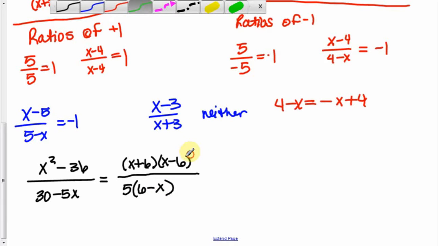So I can actually cancel these out, and what I will be left with is a factor of -1. So my answer is, and you have to distribute this -1 times this x plus 6. So it's going to be negative x minus 6 over 5.